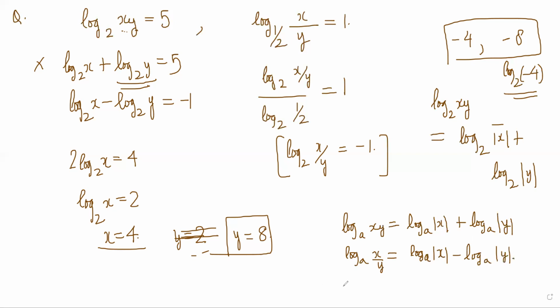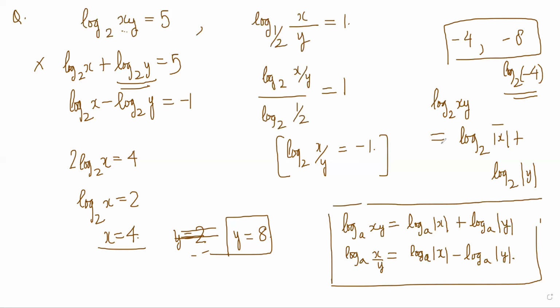Notice here, if you don't take mods, you will lose out on the other solution, which is -4, -8. So you should put the mod there. So we've solved this question, I suppose.